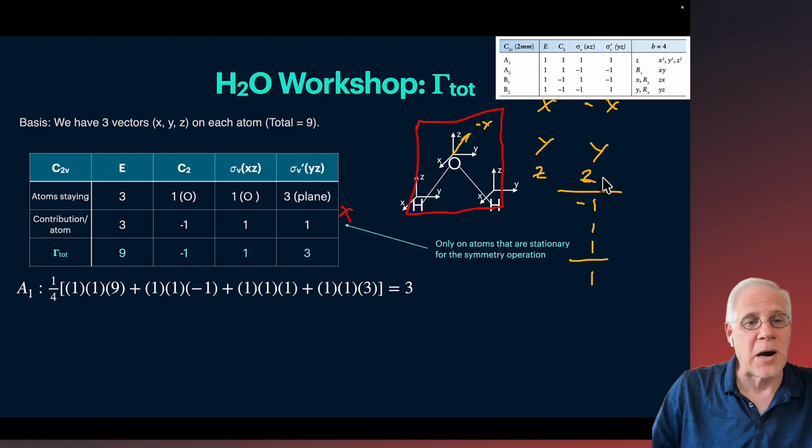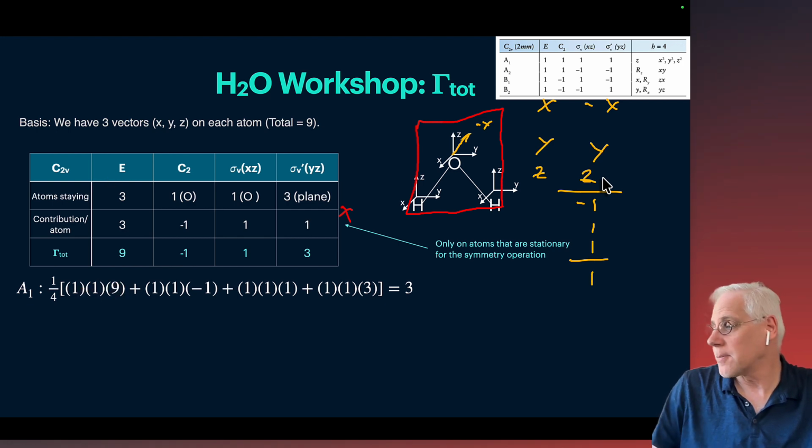We multiply it by our reducible representation number, and then we also multiply it by the character for that operation, for that symmetry. So for our first one, we're going to have 1 times 9. That comes from the 1 and the 9. If we carry on for A1, we're going to have our C2 next. So we have 1, 1, and -1.